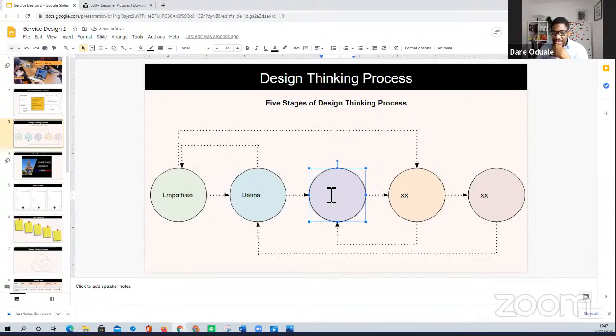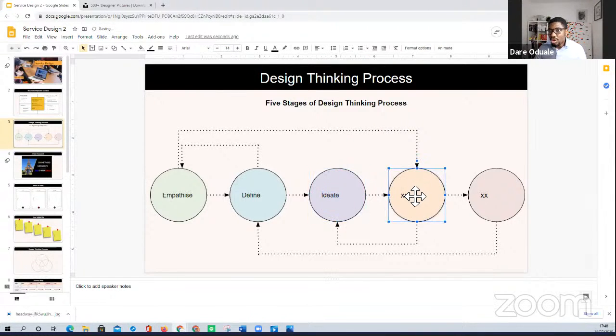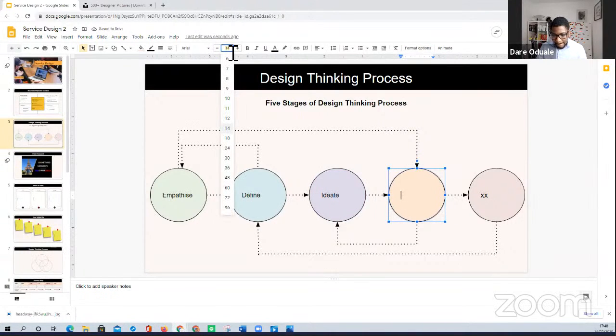Okay, the third, ideate. The fourth, prototype.